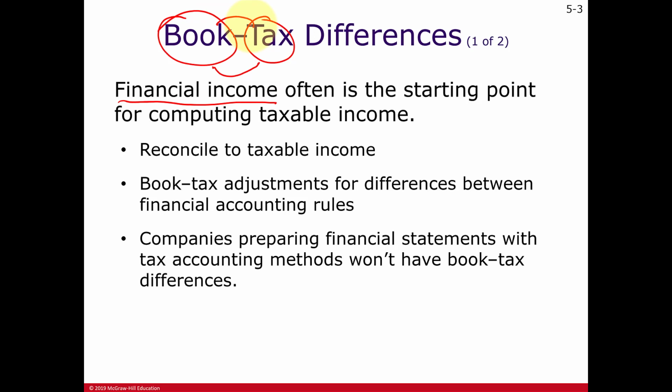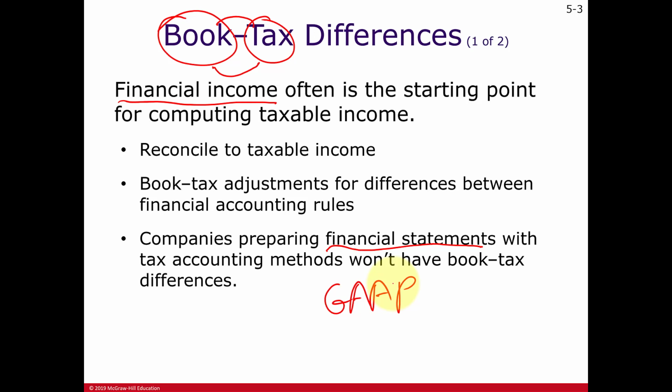Okay. Some companies may prepare their financial statements not using GAAP rules that we learned in past accounting classes, but they may be preparing financial statements just for internal purposes. In other words, they don't pass on a financial statement to a banker or to shareholders or to the government.